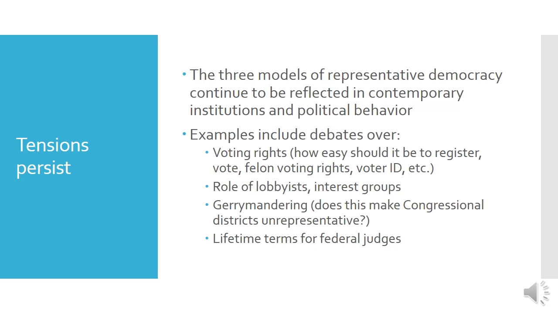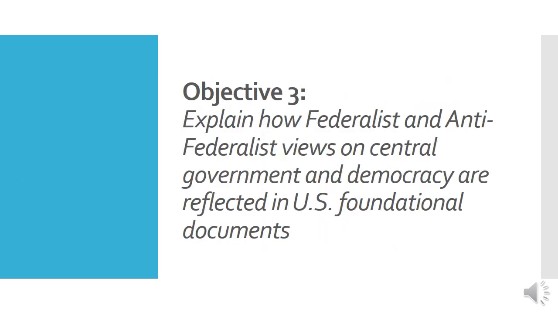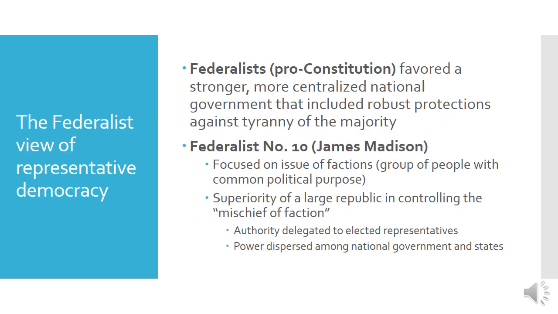All right, on to our final objective for this section: explain how Federalist and Anti-Federalist views on centralized government and democracy are reflected in the foundational documents of the United States. So first of all, the Federalists, just a quick review, the Federalists were a group of people that were in favor of this new Constitution that would replace the Articles of Confederation.